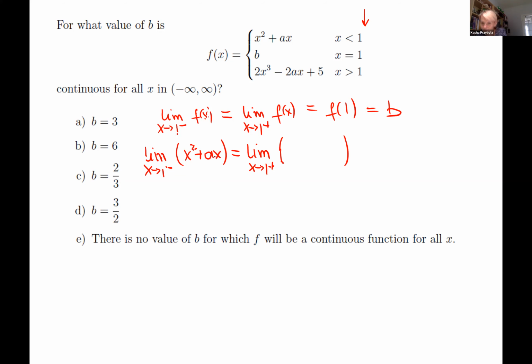And on the right-hand side, I will use 2x cubed minus 2ax plus 5. Because they are just polynomials, I can substitute 1. 1 squared is 1, and then a times 1 is a. 1 cubed is 1, times 2 is 2.